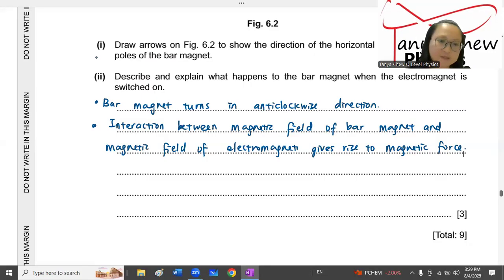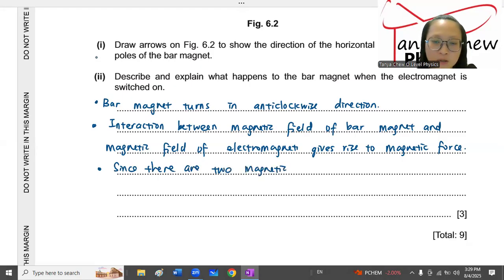Right? Since there are two magnetic forces acting in opposite direction as shown.